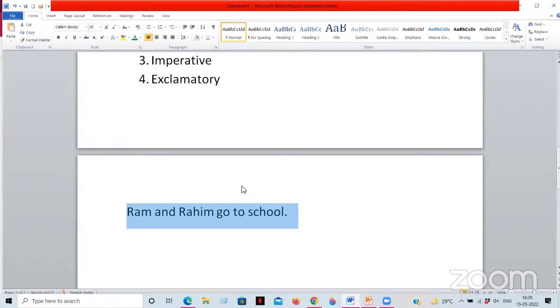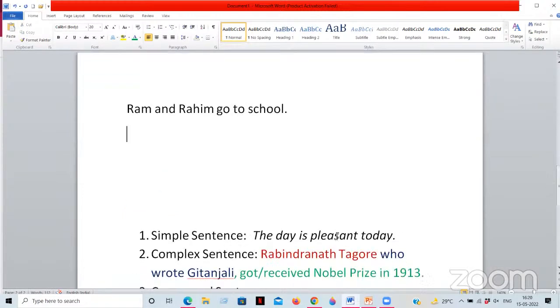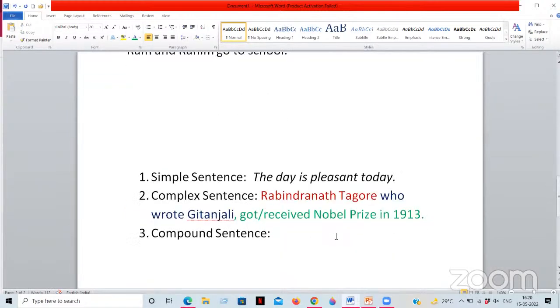So this was all about simple, complex, and compound sentence. In my 10th standard, I had to do a lot of transformation practice, making a simple sentence complex or compound, from compound to complex. That was a task for students of 10th standard.